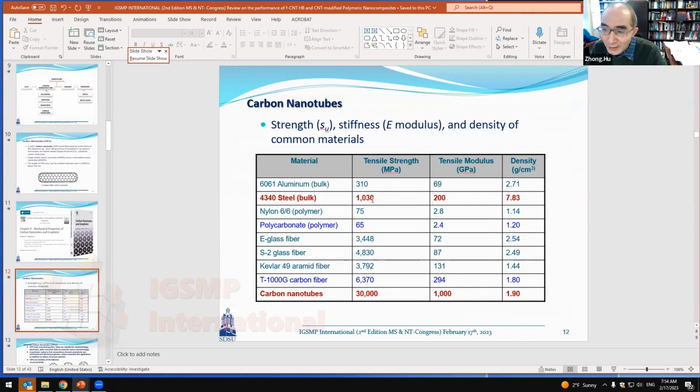You see the tensile strength will be 30 times higher, and Young's modulus will be several times higher, and the density, of course, will be about 4 times lower. So that's the reason if we can mix it with a matrix, we can much improve the performance of the entire nanocomposites.